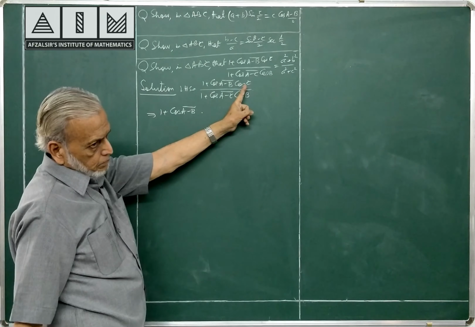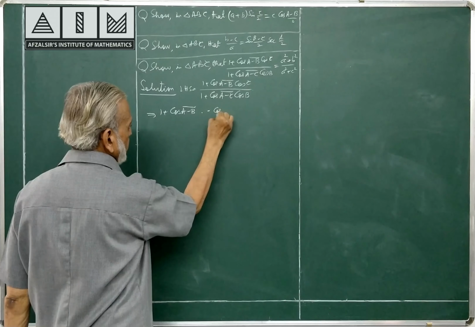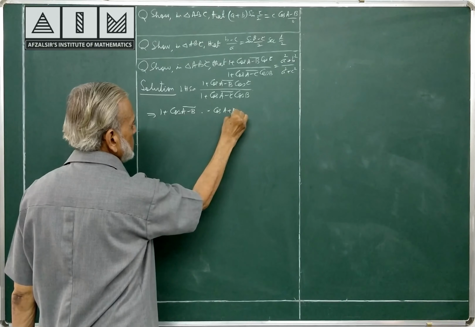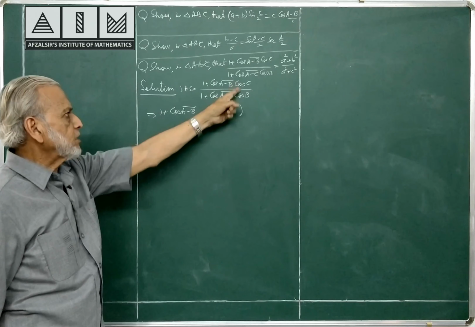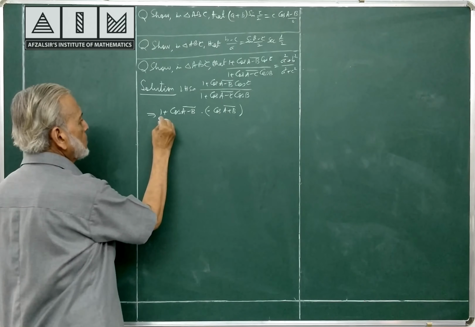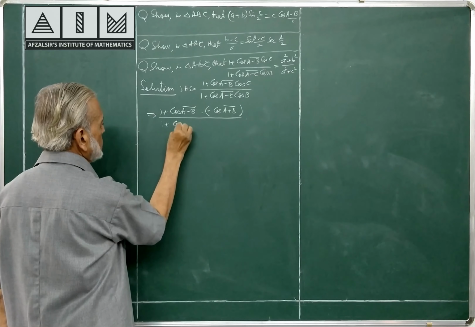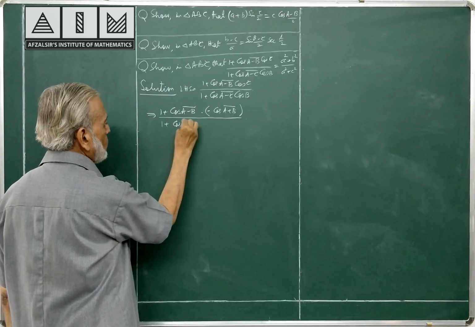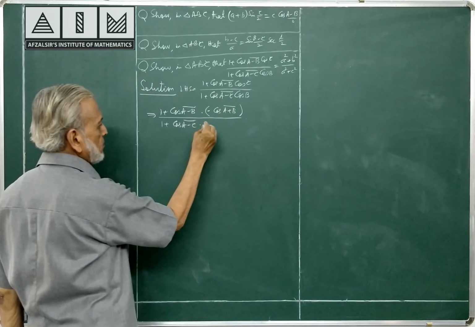Cos C, refer to your previous notes, cos C is minus cos(A + B). Cos B is minus cos(A + C).